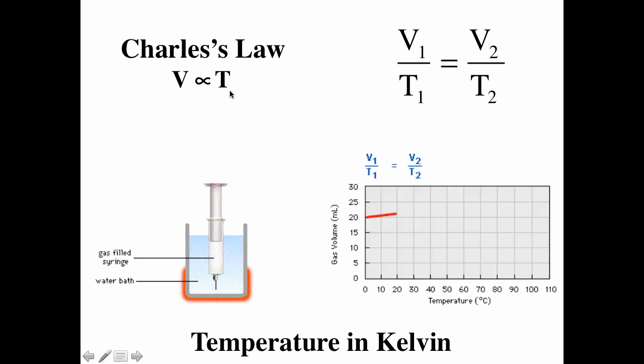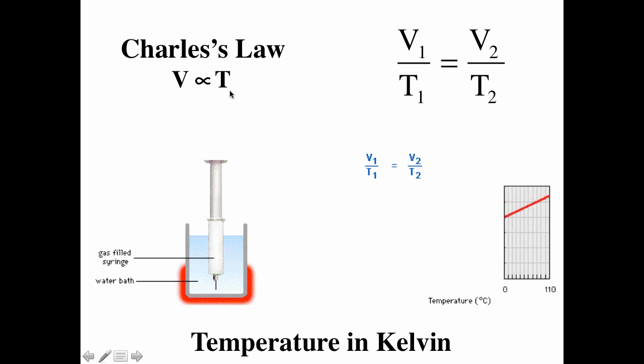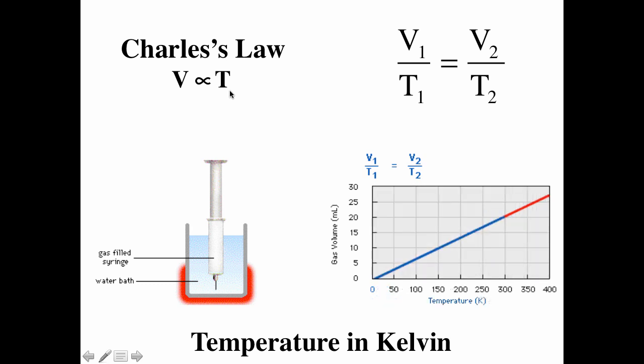As heat is added to a sealed syringe, the volume of the air in the syringe increases. A plot of gas temperature and volume demonstrates that the relationship between them is linear. If we extrapolate the line down to a temperature of absolute zero, in principle, the gas has no volume.